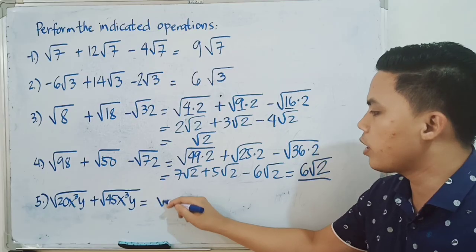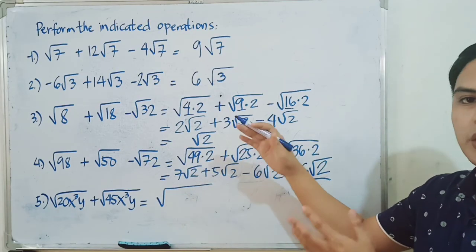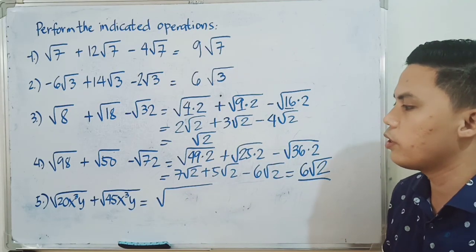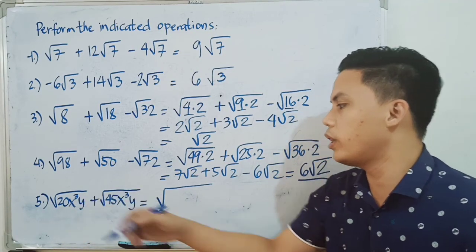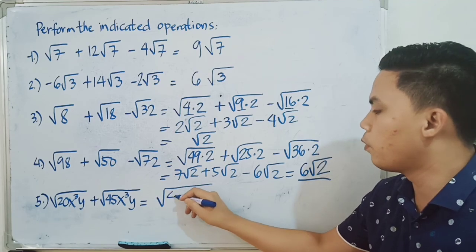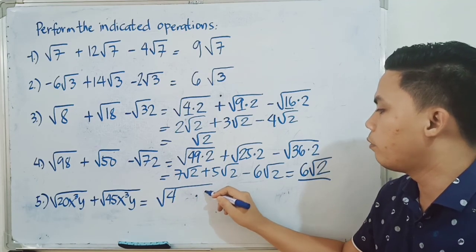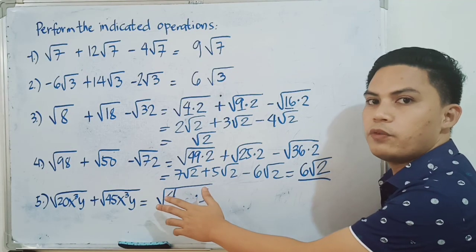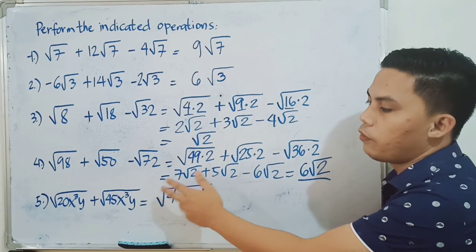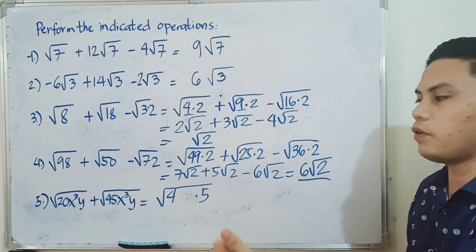Okay. So same lang sa ginawa natin sa number 3 and number 4, hahanap tayo ng factors. So, uunahin muna natin yung factors ng numerical coefficient. 20. So, sa 20, we have 4 and 5. Nilagay ko ng space kasi after ng numerical coefficient, yung mga variables naman yung hahanapan natin ng factors.